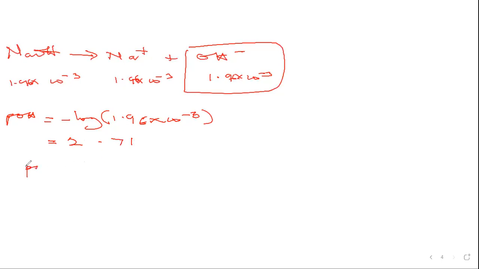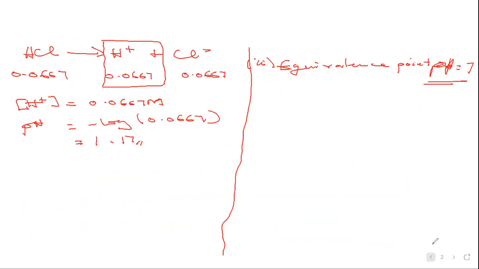And once we have our pOH, we can find our pH to be equal to 14 minus pOH. That is simply 14 minus 2.71. That's going to give us 11.29, as you can see. So now we are going to figure out something.